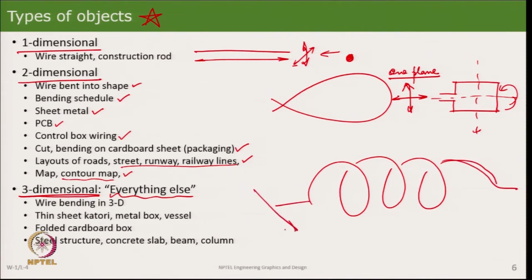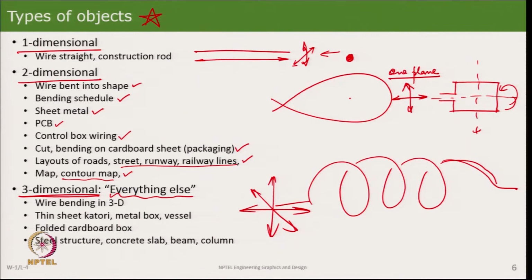where it has some features in this dimension, some in this, and equally important in this. So, what we are saying is, I need to specify everything in 3 dimensions to fully specify the object. In the case of the straight wire, I need not tell what is normal to this plane.